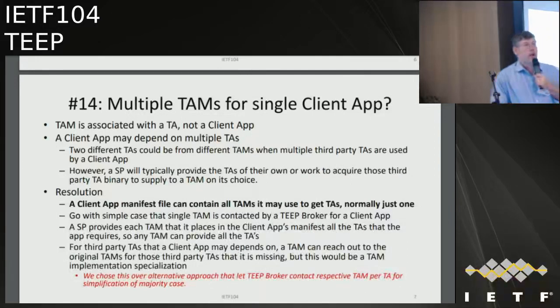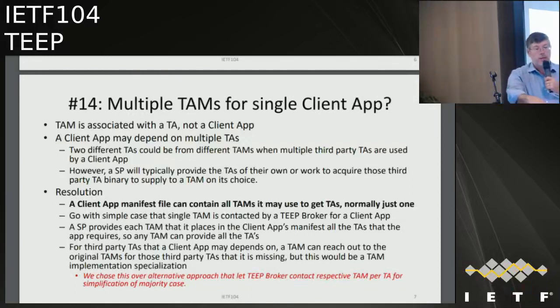So in a normal case, when a client goes to install that, they only need to go to one TAM. Because as the service provider, you want your application to get out there. You're going to enable the TAMs to install all those TAs. Now, there may be a case where, for some licensing reason or something like that, there's an inherent dependency where a TA is only supplied by some specific TAM and it's not widely accessible.